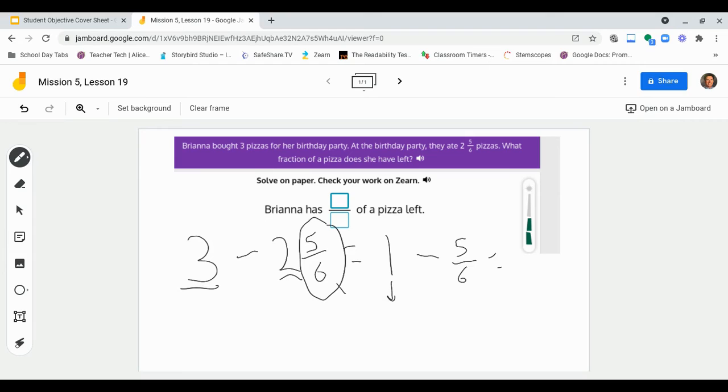So what's the unit I'm dealing in? Sixths. 1 whole equals how many sixths? 6/6. So really what I'm doing is 6/6 minus 5/6. And what is 6/6 minus 5/6? 6 minus 5 is 1.